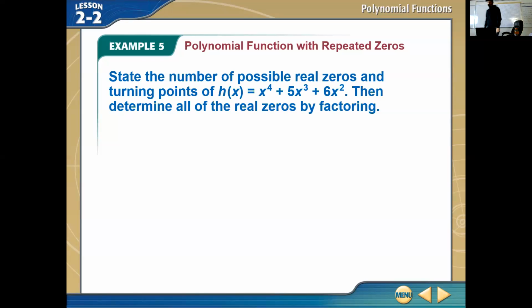You'll see one here because we have to factor out the greatest common factor. So we have x to the 4th plus 5x cubed plus 6x squared.